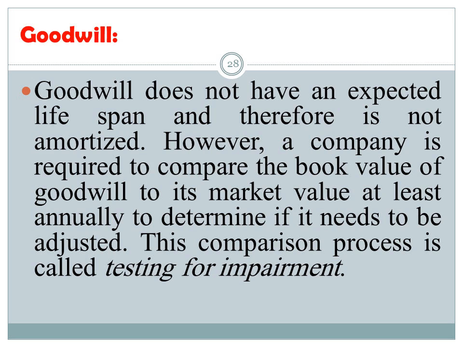A company is required to compare the book value of goodwill to its market value at least annually to determine if it needs to be adjusted. This comparison process is called testing for impairment.